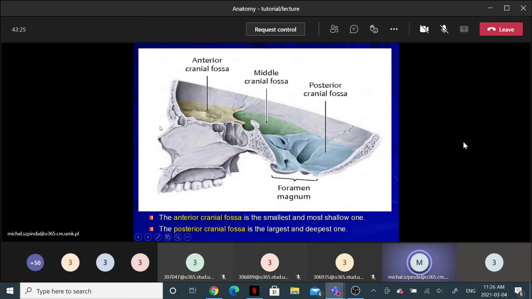But in front, it's completely different because the internal cranial base is above the nasal cavity and the external cranial base refers to the hard palate.